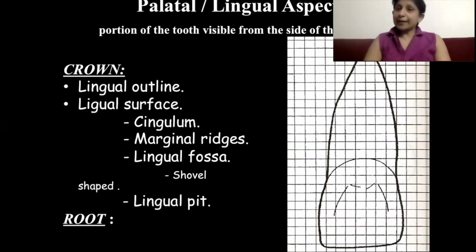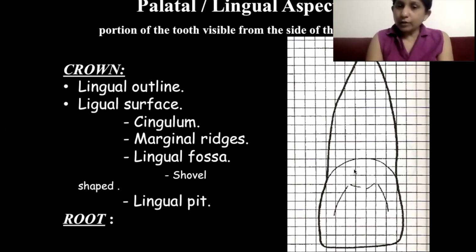So on the palatal aspect, we have these developmental grooves, which are inverted W-shaped grooves. I'll explain this to you once more. In the picture, you can see an inverted W-shaped groove which is made over here. So that is this line that you can see.